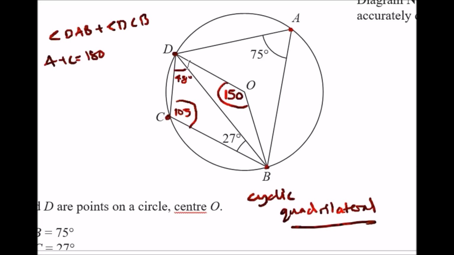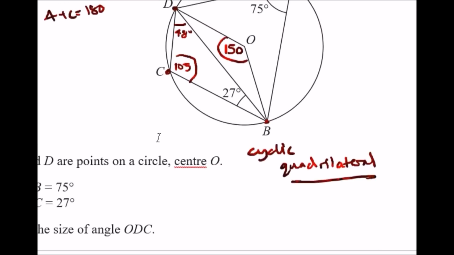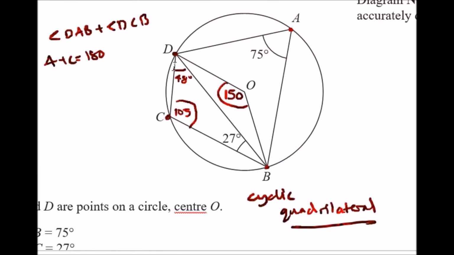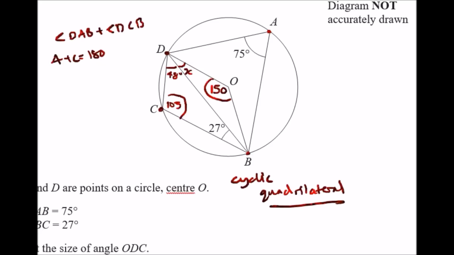Now we're working out ODC, so we also need to find the value of this angle here. Let's call this one X. We're almost there, guys. We're trying to use as many properties as we can before the end of this question. To calculate the value X, this is going to be easy.